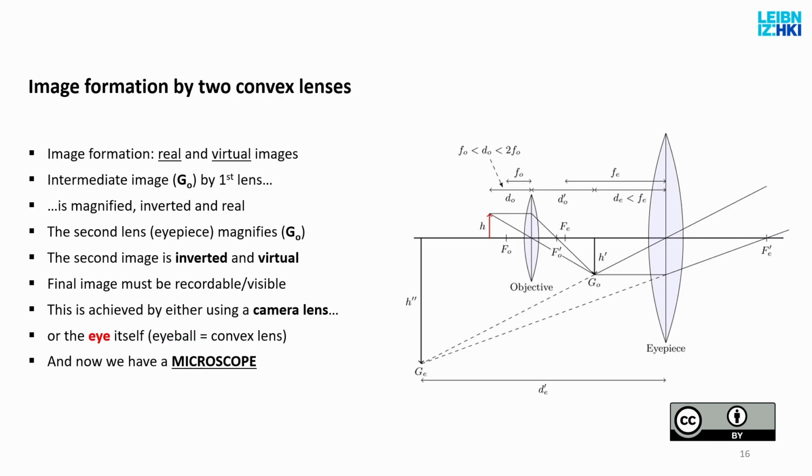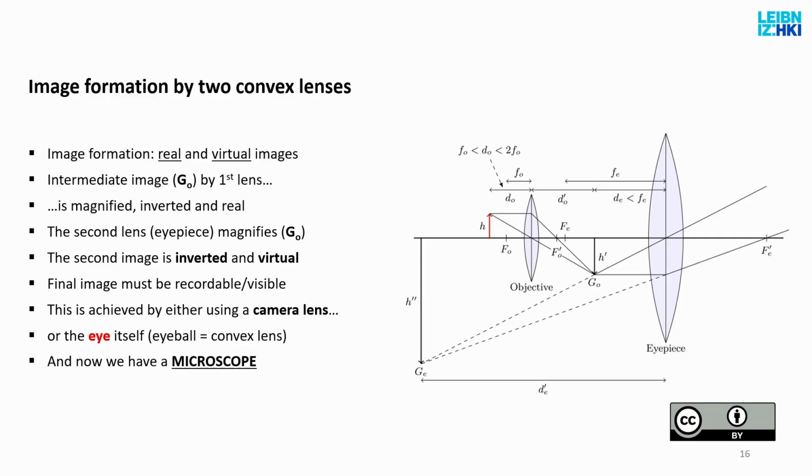And from here is just one more step to say, why not put two lenses next to each other? Let the first one form an image of the object. This will form, when you are between 1 and 2 focal points, an inverted, magnified, and real image.